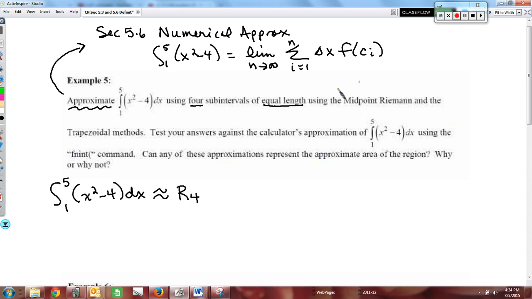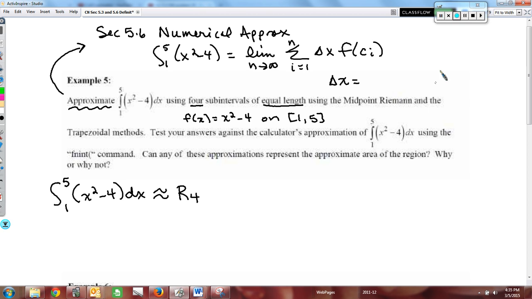Now we might want to do some calculations. Our delta x, remember this is our A and B. So we're basically looking at f of x equal to x squared minus 4 on an interval of 1 to 5. Now one thing I might want to know before I start estimating this is this definite integral going to represent the area of the region, or is it going to only be the accumulation of area?